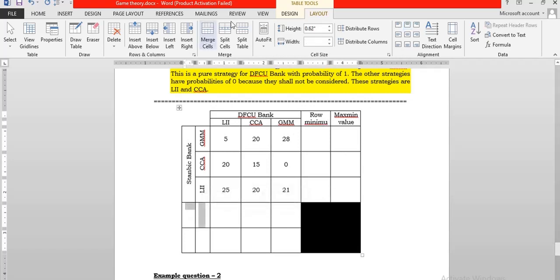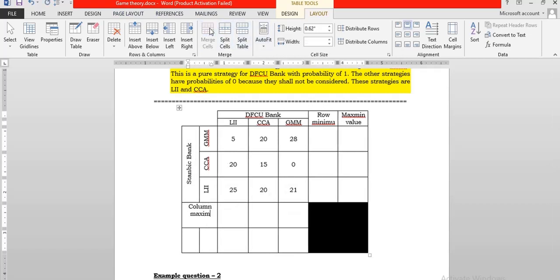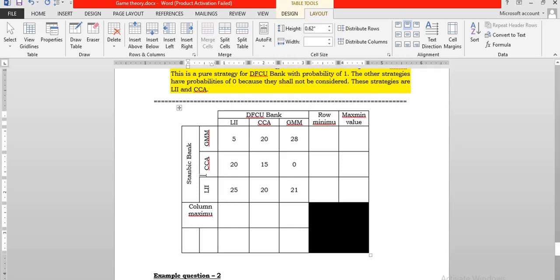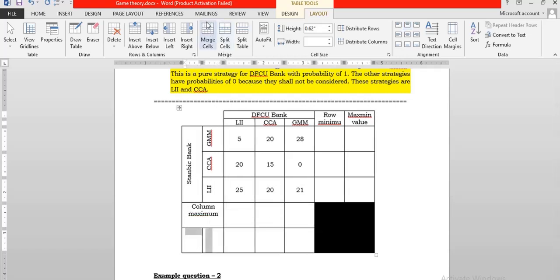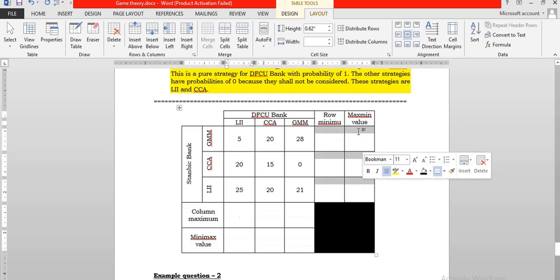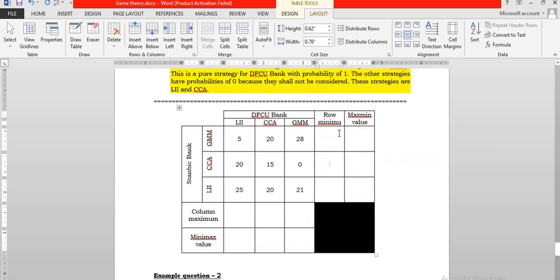Then have your column maximum. Then here we shall have a minimax value. Correct. So we shall now pick the row minimums.